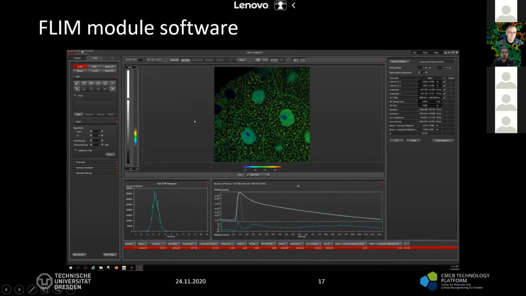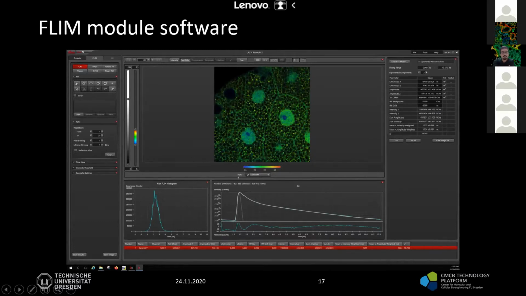In the middle, we have the images. You can change it with the fast FLIM; by default, you see the fast FLIM. We also have these sliders to adjust the histogram, either the lookup table for the fast lifetime or the intensity, which just changes the brightness of the image.